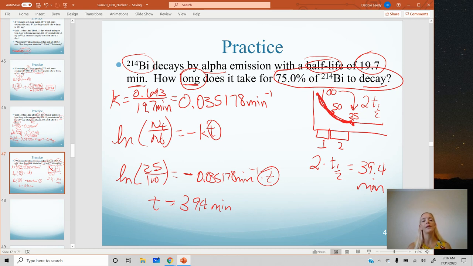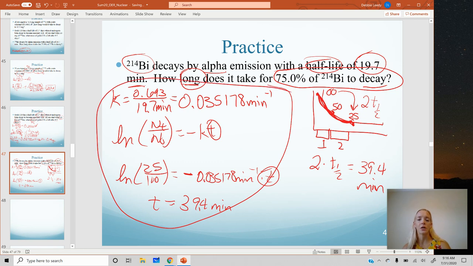If you're solving for that amount, you don't have to go through all of this work to solve it. You can just figure out how many half-lives that is and then figure out the time that way. So pay attention to half-lives, pay attention to the information you're given. This, using the first order integrated rate law, will always work, but there sometimes are more efficient ways to solve.